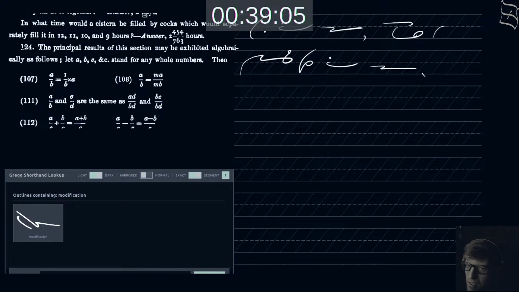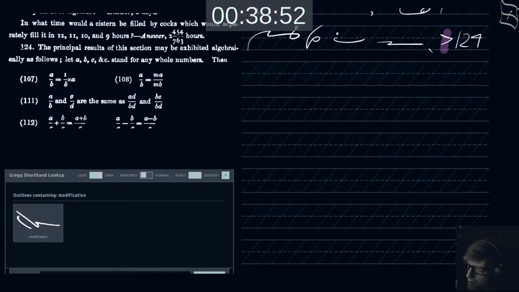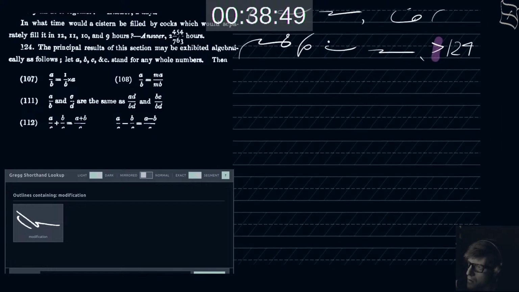Let us proceed. Article 24. The principal results of this section may be exhibited algebraically as follows. Ooh, exhibit.